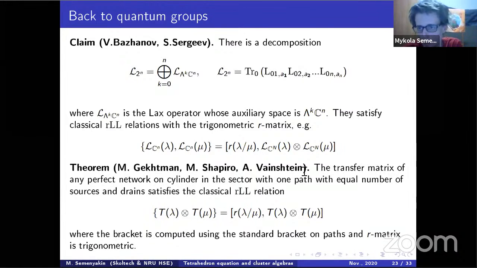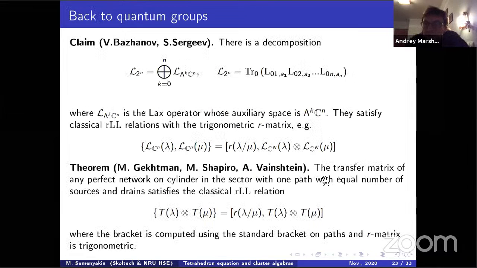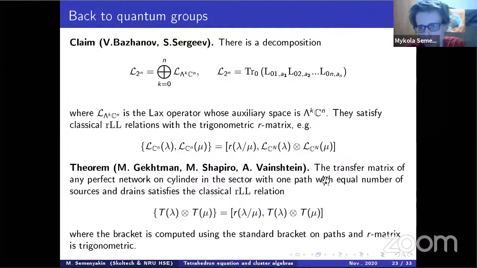As far as I understand, they didn't make an integrability statement there. So here it's impossible to count, unlike for cluster variables, where there is a simple counting argument: how many phase variables, how many Casimir functions, and the rest are integrals of motion. Here there is no simple counting.